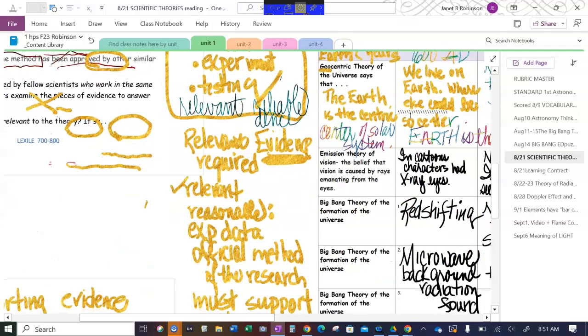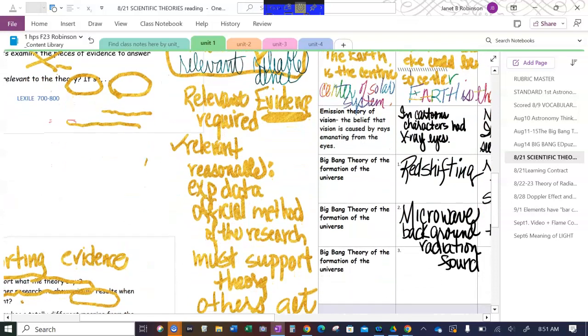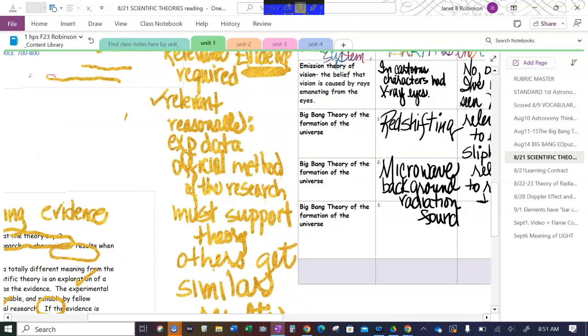Because the next one says, but what does this evidence have to be like? Well, it needs to be relevant to the theory. It needs to be reasonable. That is, the experimental data must be some sort of official method of research, or if it's not, something that you can bring others around to in your field so that they believe that this new method you created has validity.